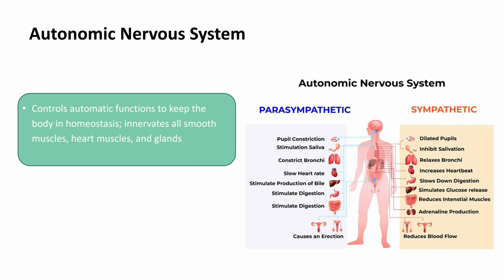Your autonomic nervous system controls your automatic functions to keep the body in homeostasis. It innervates all your smooth muscles, heart muscles, and your glands. You can see here you have your parasympathetic and your sympathetic. Your sympathetic nerves arise from the thoracolumbar area of the spinal cord and function with epinephrine to prepare for fight or flight.